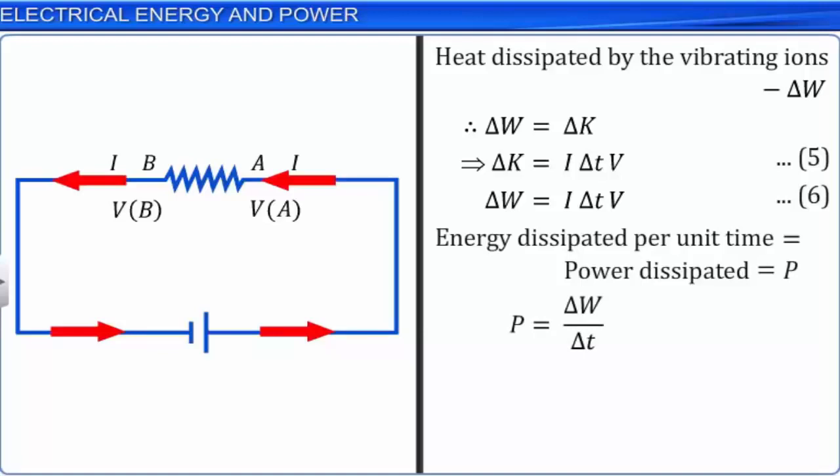Substituting the value of delta W from equation 6 in the above equation, we get P is equal to I delta TV by delta T. On further simplifying, we get P is equal to IV. Let this be equation 7.